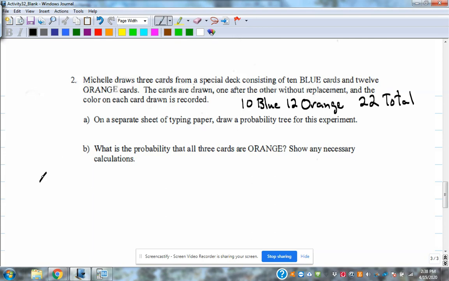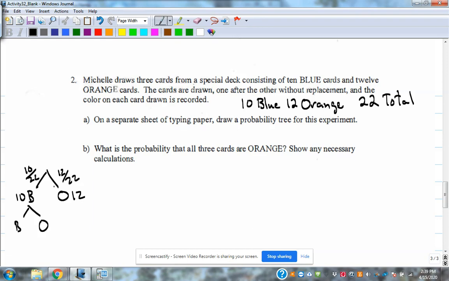When you draw, you get a blue or an orange, and there are 10 of those, and there are 12 of those. So there's 10 out of 22 probability there, 12 out of 22 probability there, and then the second draw, you could have blue and orange.